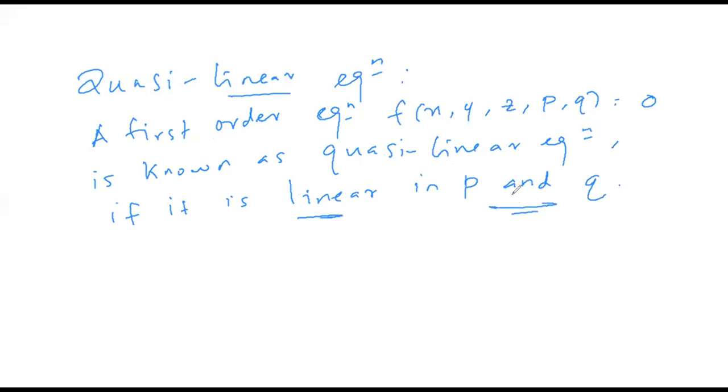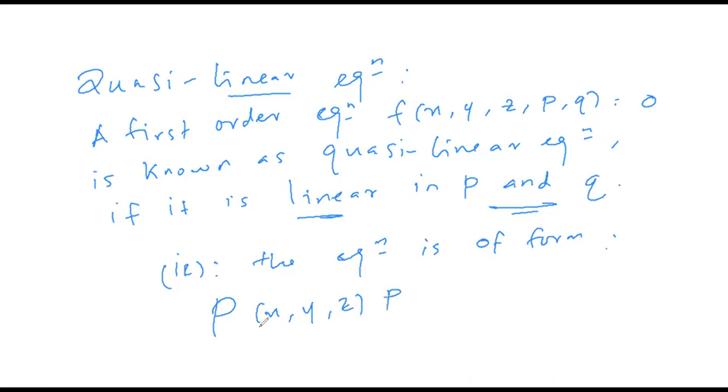So what's the idea? How it looks is that the equation is of the form: capital P of x, y, z times small p, plus Q also a function of x, y, z times q, which is equal to R of x, y, z.